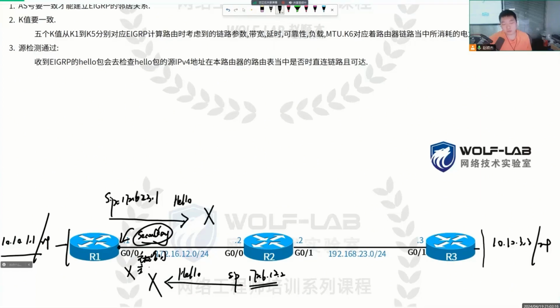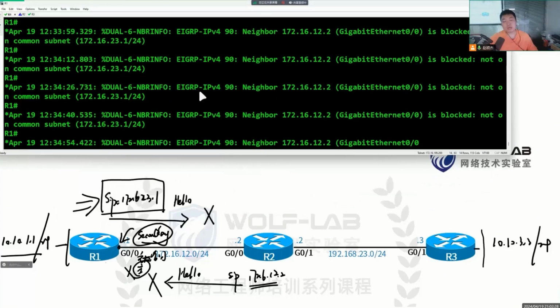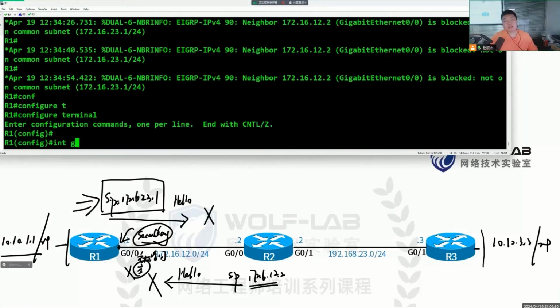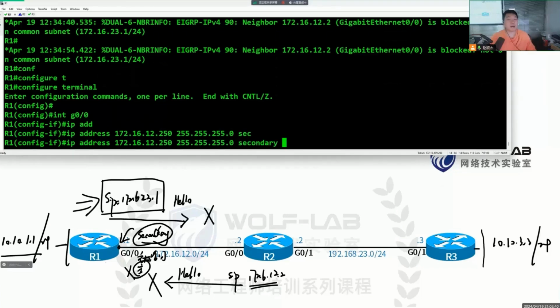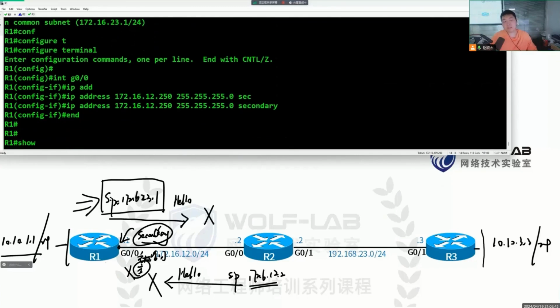Let's make a unilateral neighbor on the interface of R1. We configure an address, 172.16.12.250, for example, with the mask 255.255.255.0, and we add the parameter secondary. Enter. So now on R1's interface we have configured two addresses. One is the primary address.